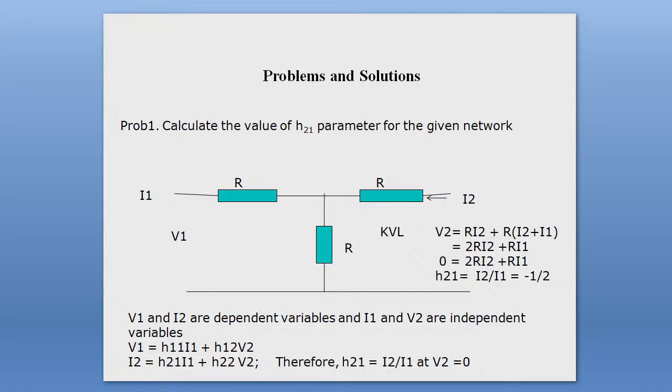So from this expression we can write H21 as the ratio of output port current to input port current at V2 equal to 0, I2 by I1 at V2 equal to 0. That means to calculate the value of this parameter, we need to consider only the output port side or right hand side loop. The supply voltage is V2. You know that this voltage will drop.